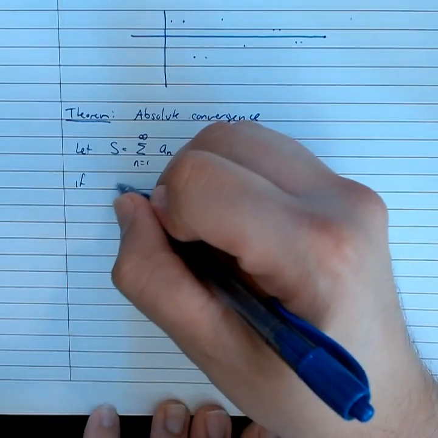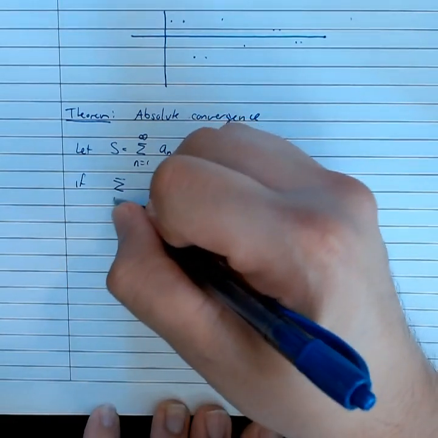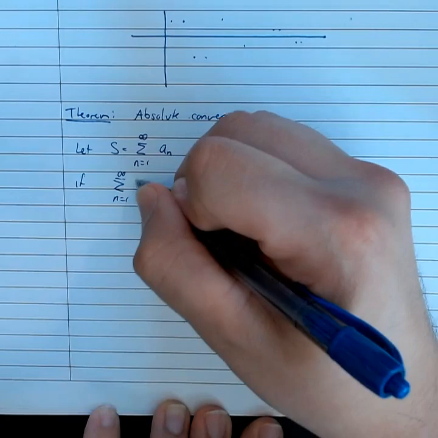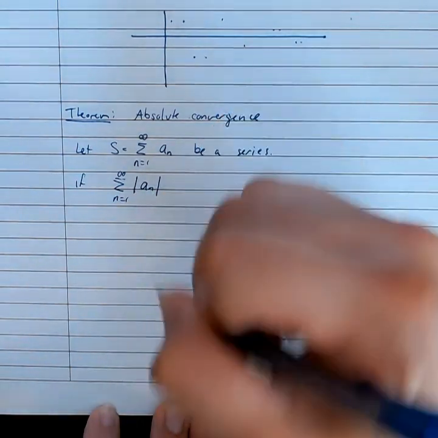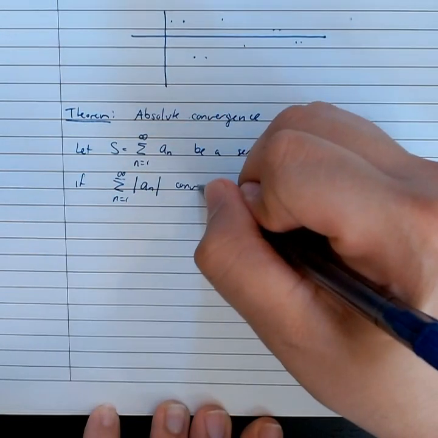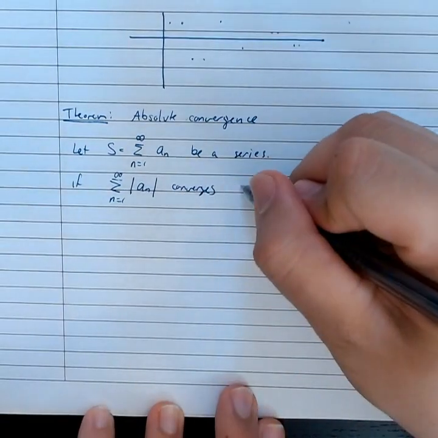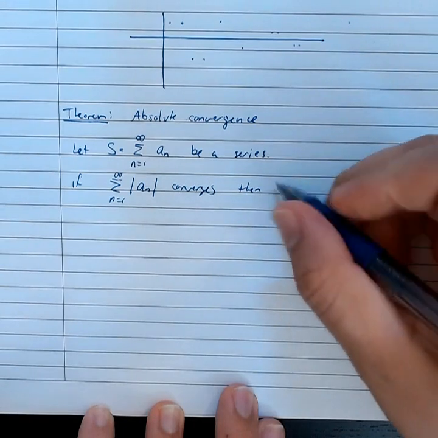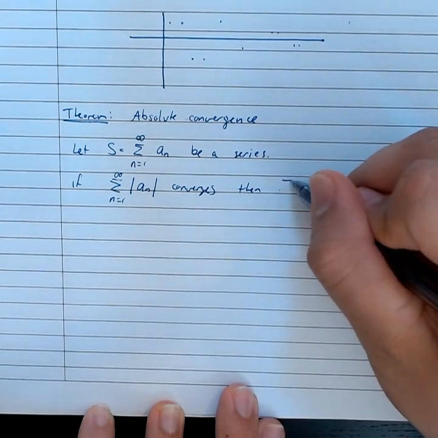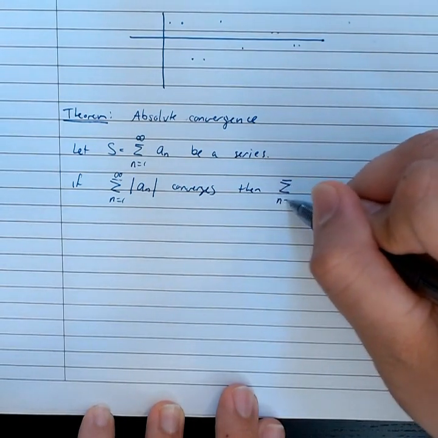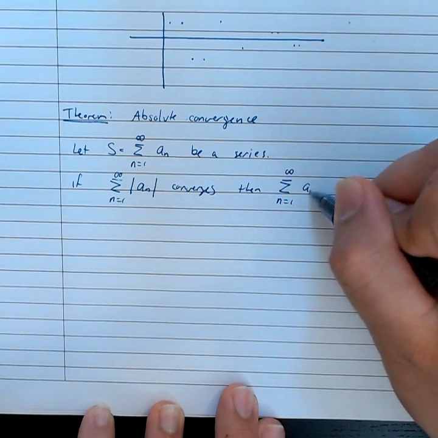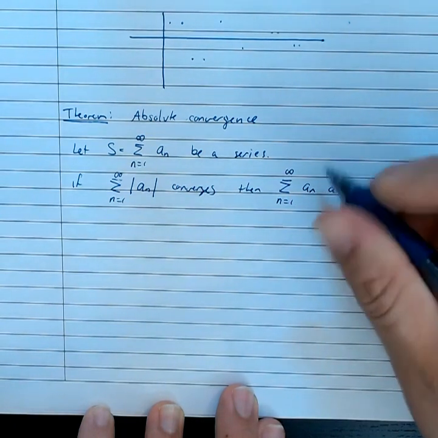If the sum as n goes from 1 to infinity of the absolute value of a sub n converges, then S also converges. In fact, let me just write it this way: then the sum as n goes from 1 to infinity of a sub n also converges.